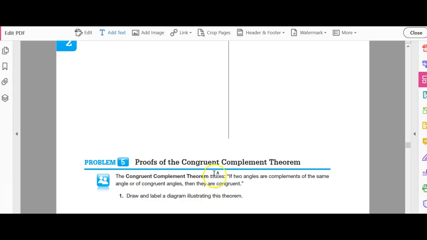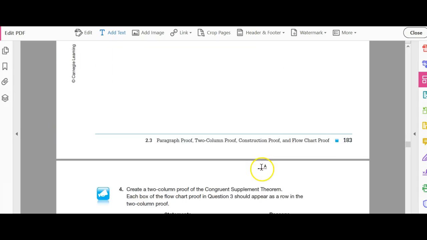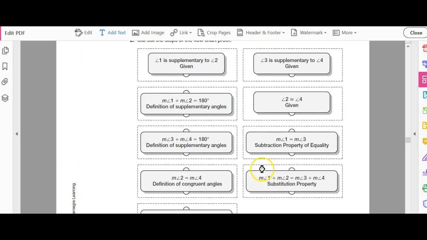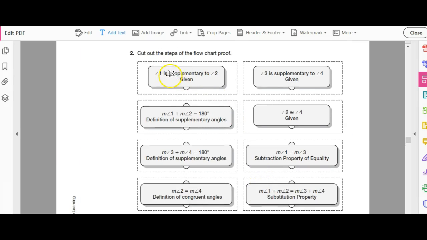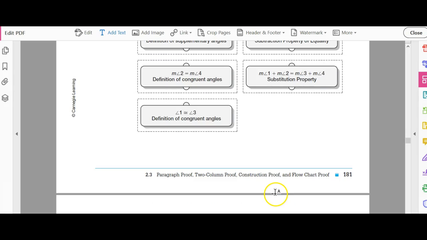Okay? And then the congruent complement theorem is going to be exactly like this one, only we're going to be using complements in here instead of supplements, right? And instead of saying they equal 180, we're going to say they equal 90. So we're going to be changing this to 90. But basically, all the rest is going to be the same, right?